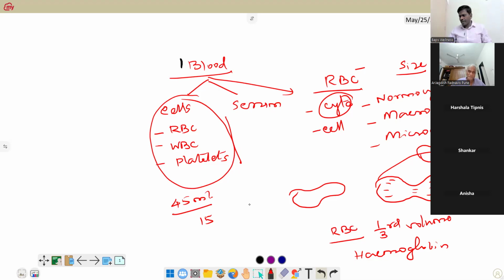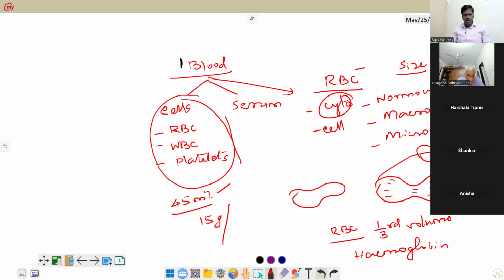That is normally 15, and here it is gram. 15 gram of hemoglobin in 45 ml of red blood cells.